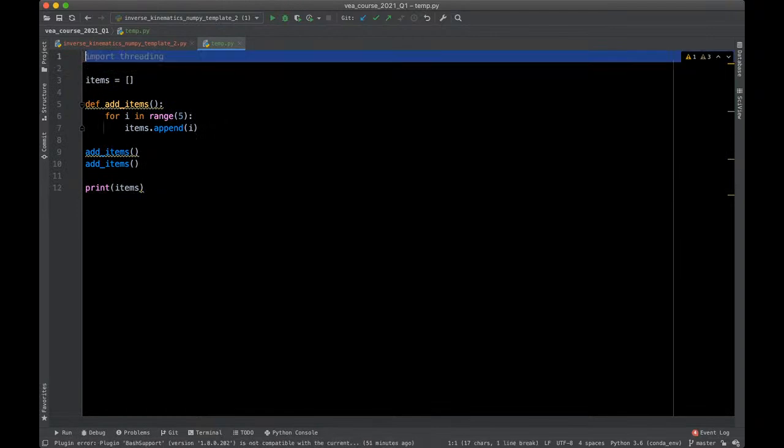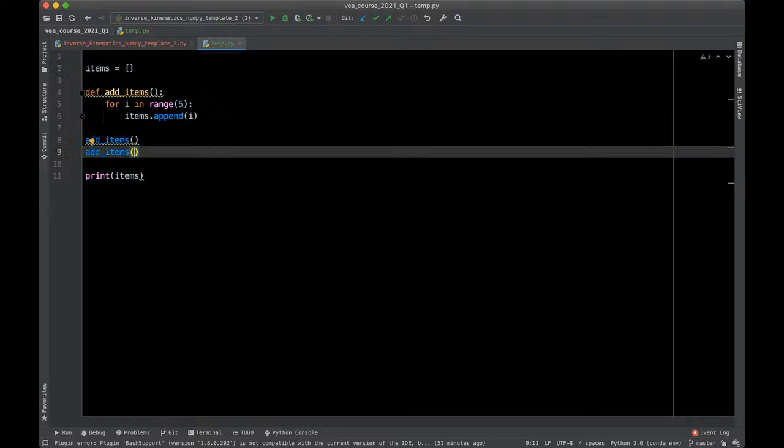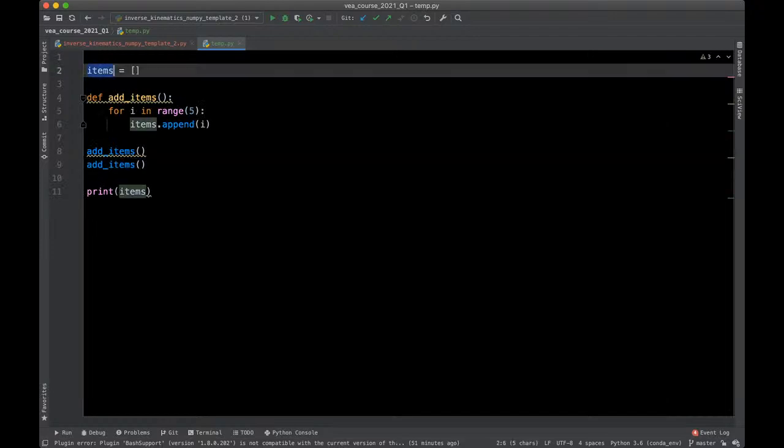We have a very simple code here with a list and a function where we add items in a for loop. What will be the output here? Please type in the numbers that are going to come in the output.